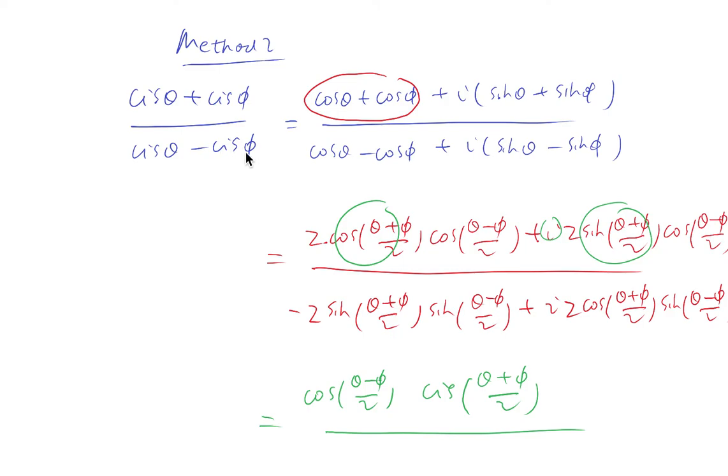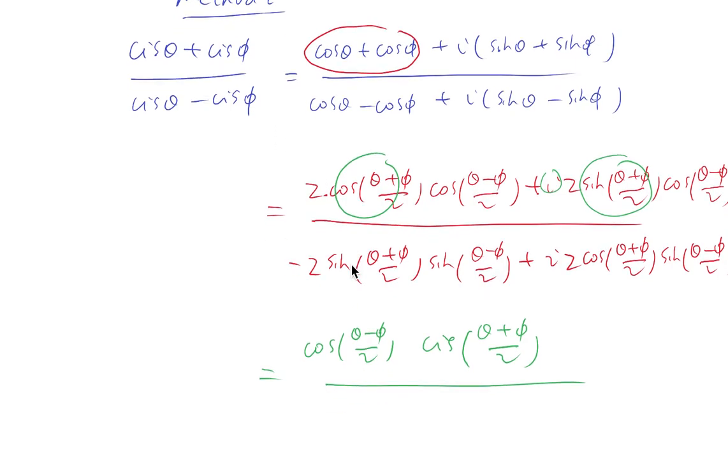Now we have cis theta minus cis phi. And again, you just need to see the common part. So just wait a second, I think I might have copied down something wrong. Cos minus cos is minus sine multiplied by sine, and sine minus sine would be cos sine.